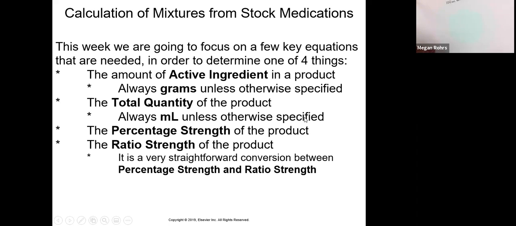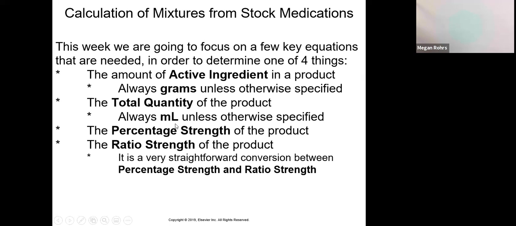So back on the front page of your worksheet here, we're always going to assume the weight per volume unless they tell us that we're working with a weight per weight or a volume per volume medication. So that's why all of these examples that I've gone through so far, we have used weight per volume. But keep in mind, in your practice problems, you're going to see weight per weight and volume per volume calculations as well.